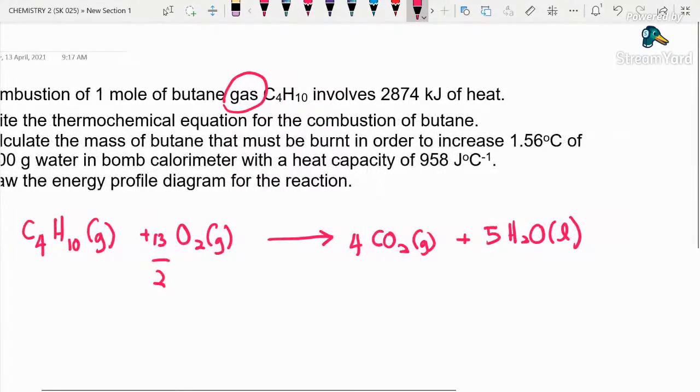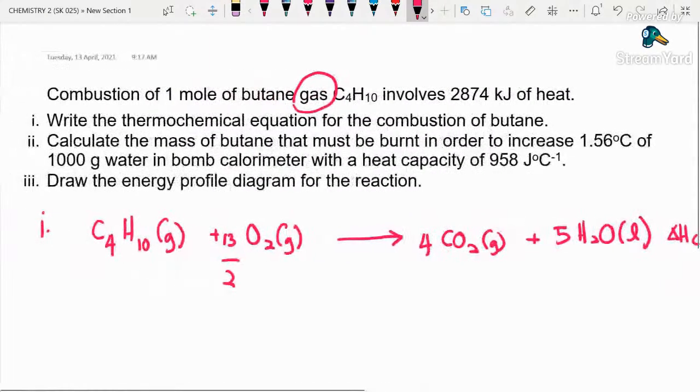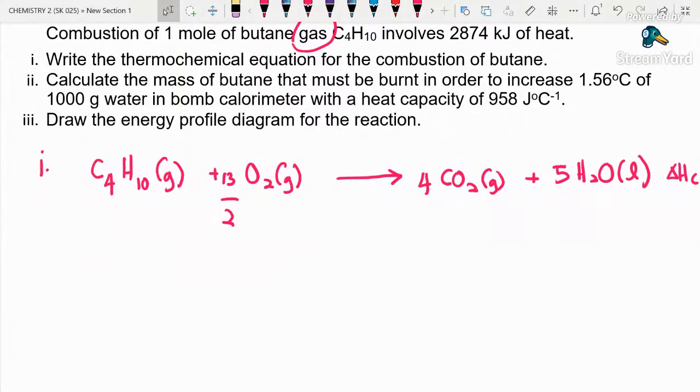And the delta HC, don't forget to put a negative sign, negative 2874 kilojoule. Okay, the thermochemical equation is fine.